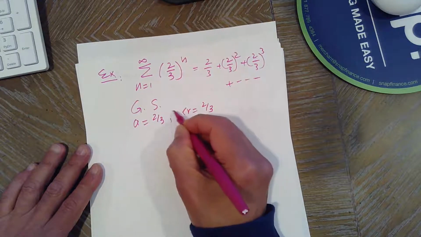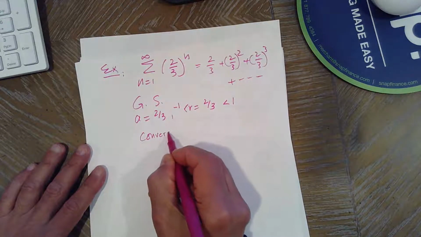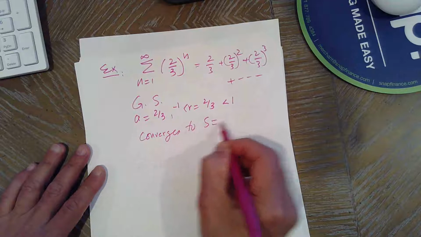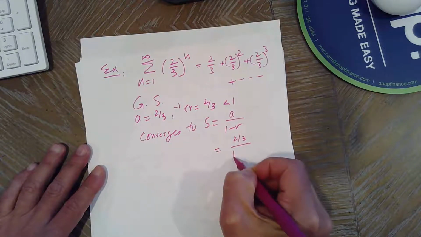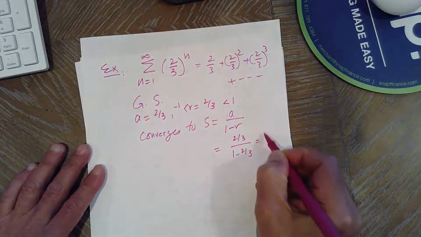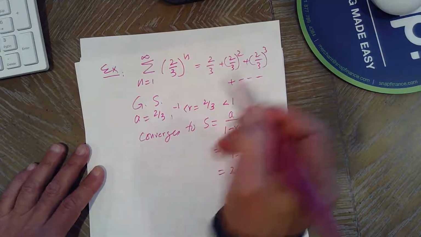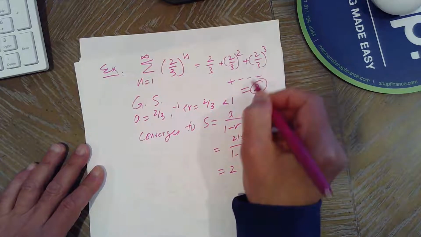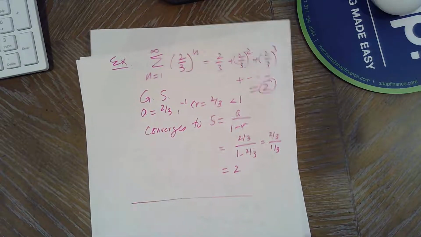As long as the common ratio is between -1 and 1, it converges to S, which is a over 1 minus r. So it converges to (2/3) over (1/3), which is 2. So that series does actually equal 2. That's the beauty of the geometric series test. It gives you the exact answer should the series converge.